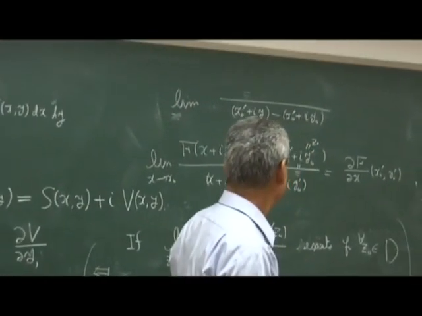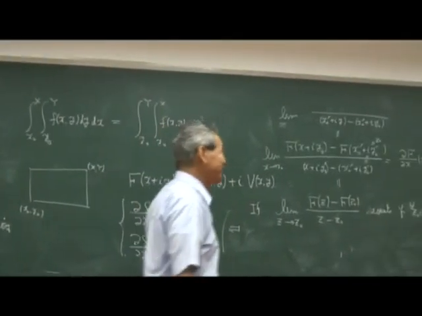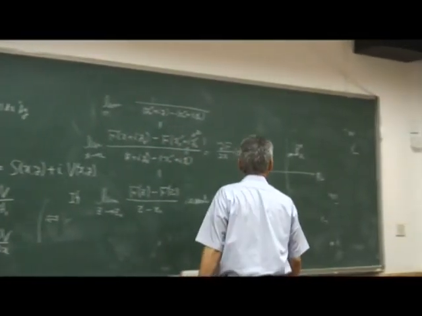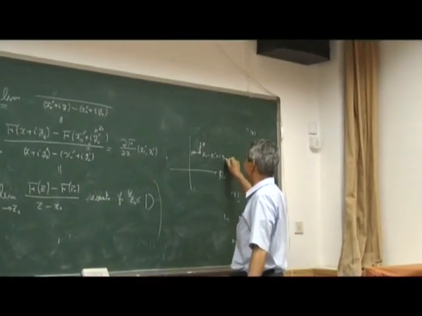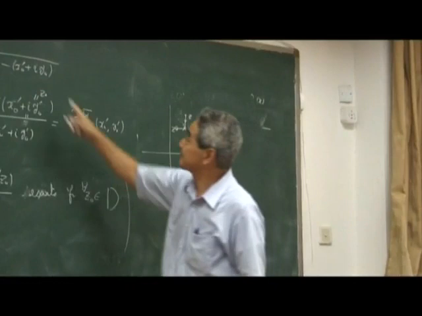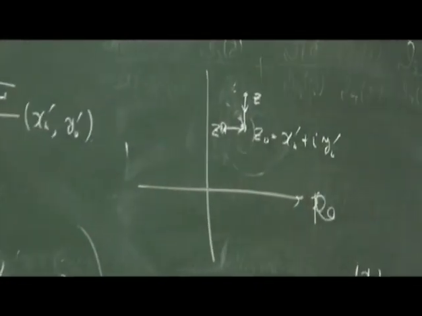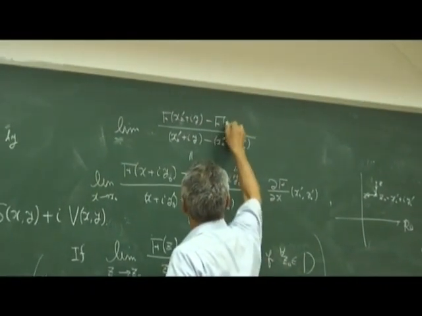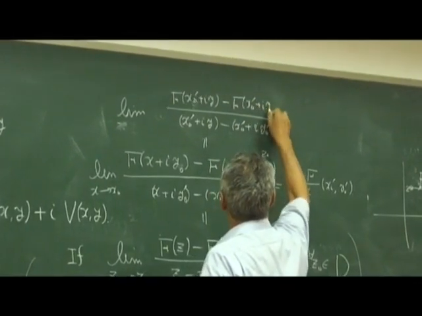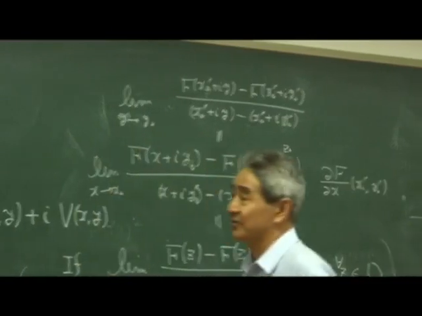Don't confuse this x0; I use it this way, so this also needs y prime. Z is x0 prime plus i y. Now I fix this part x0 prime.